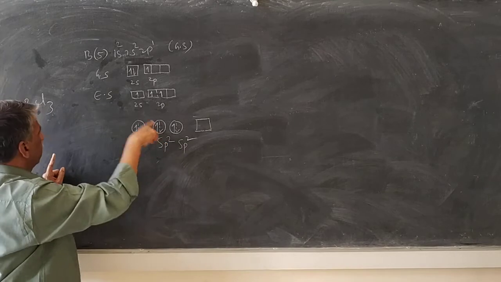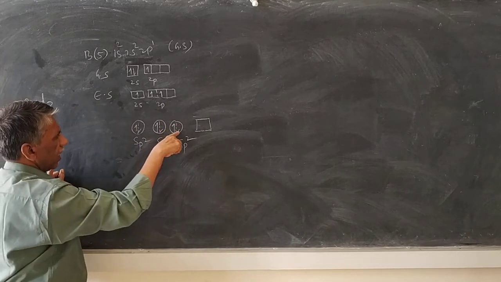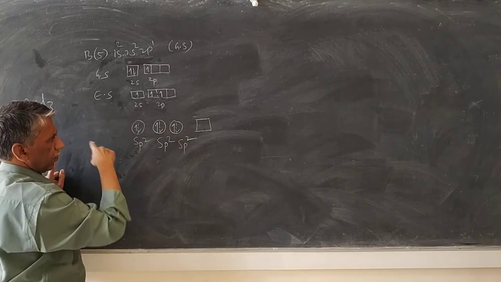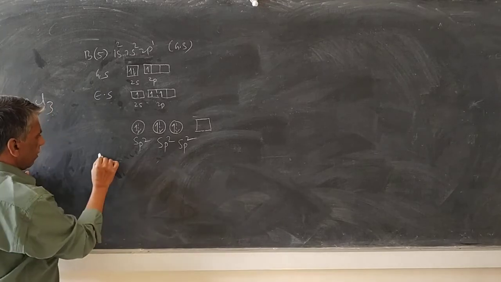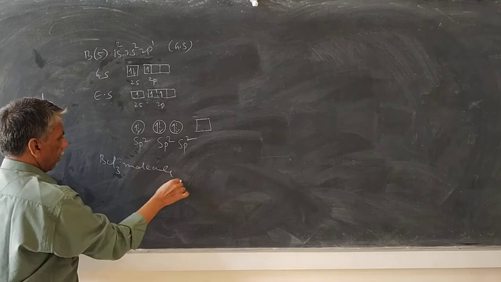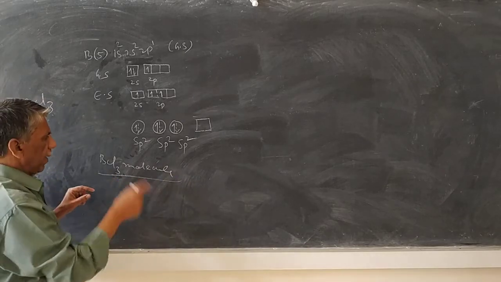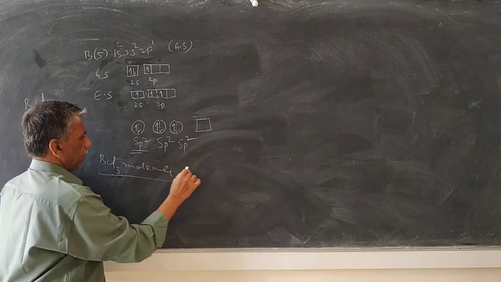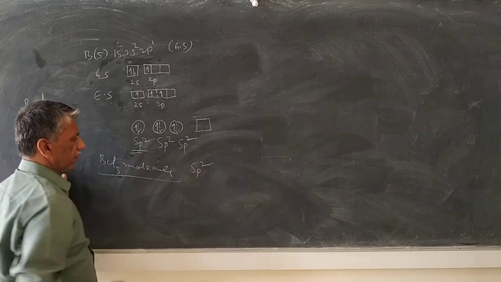This is the unpaired electron of the second Cl atom, and this is the unpaired electron of the third Cl atom. So like this, you will get the BCl3 molecule. And here the hybridization involved is sp2.